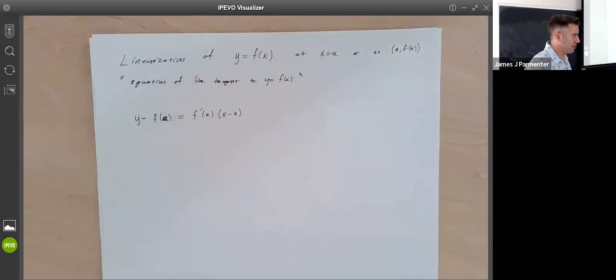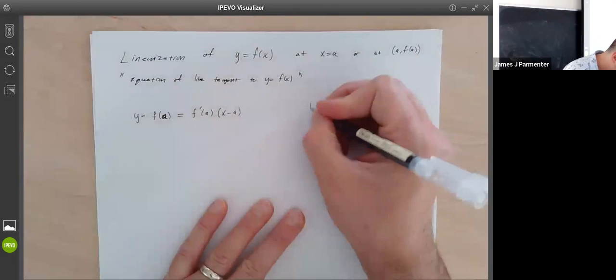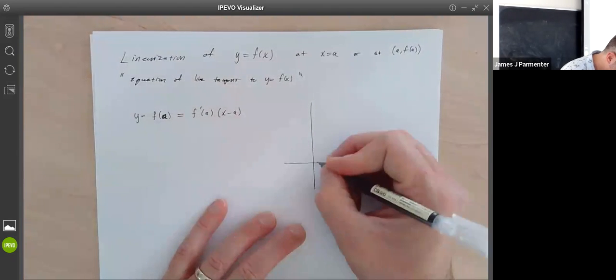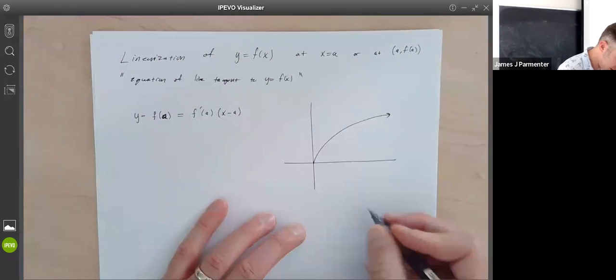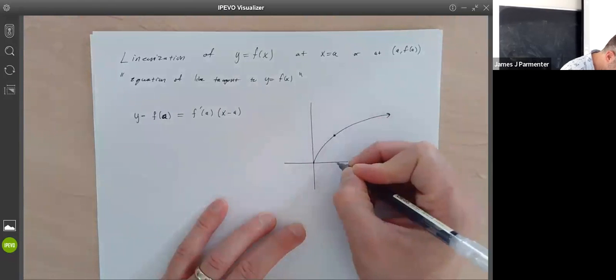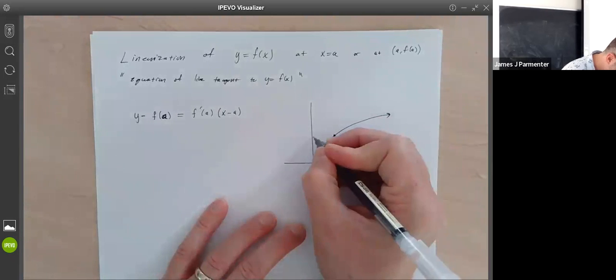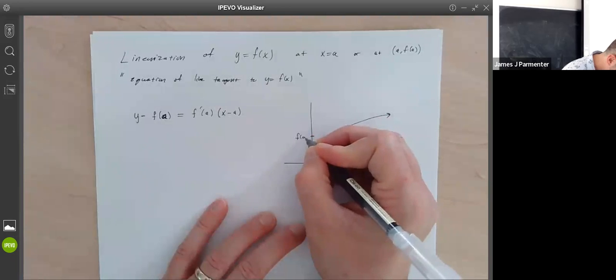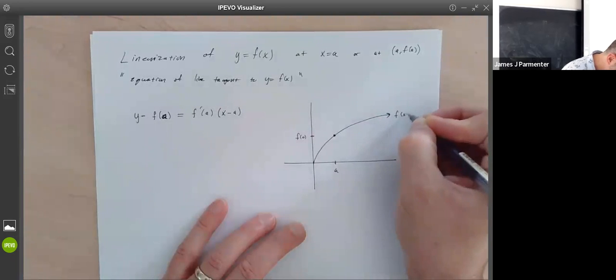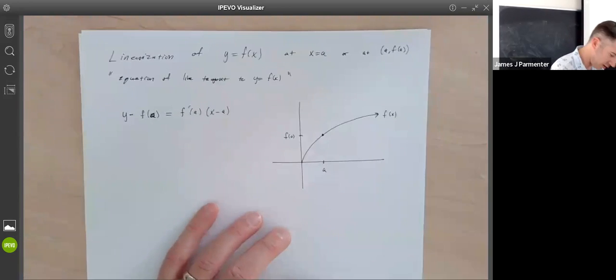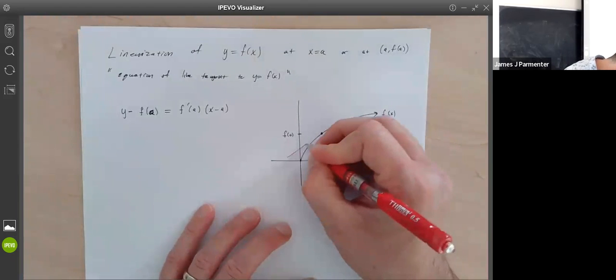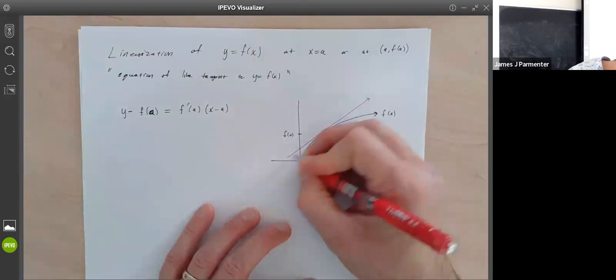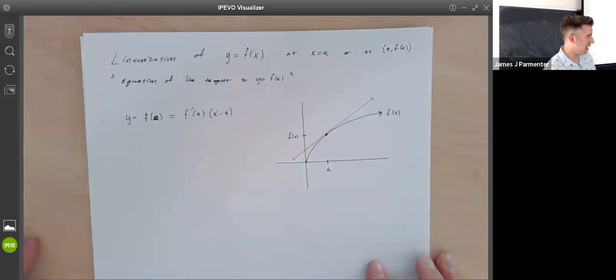Sometimes we draw a picture for this. We can think about our function looking something like this. And then we're saying at this point we want to find the equation of the tangent line. Oh, well, we know how to do that.